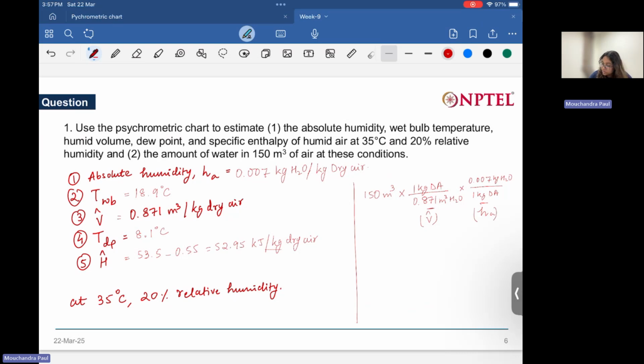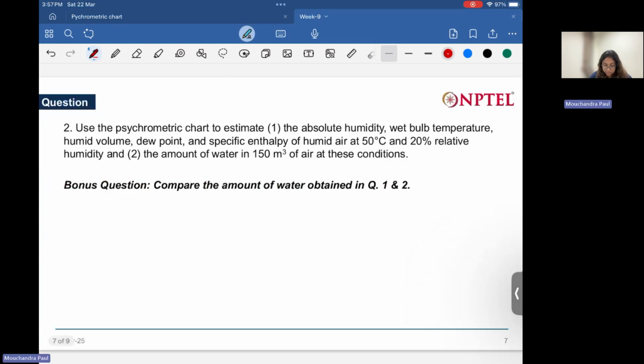When you perform this calculation, you should get 1.19 kg water. Okay. So in 150 meter cube of air, there is 1.19 kg of water. All right. This is easy. Now, similarly, we have to try this problem. And this problem also has a bonus question.